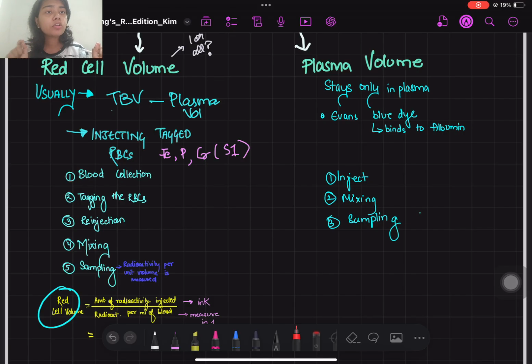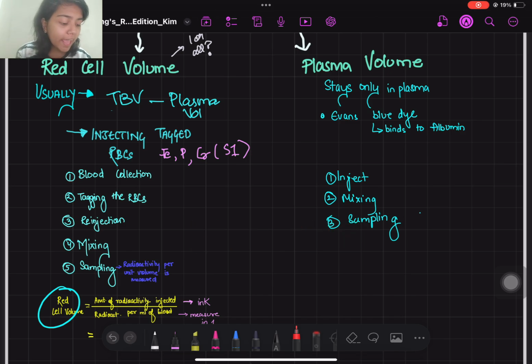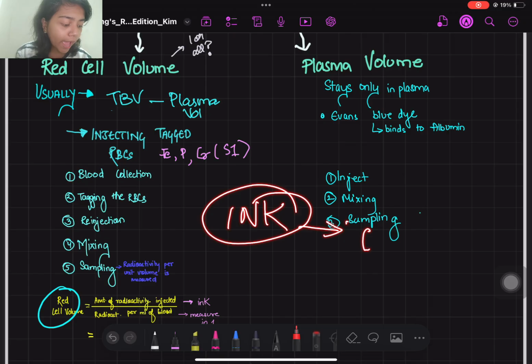The total water in the bucket is like the total RBCs in the blood, and the ink is what you correlate with the tagged RBCs.